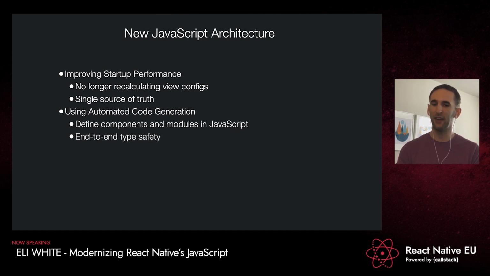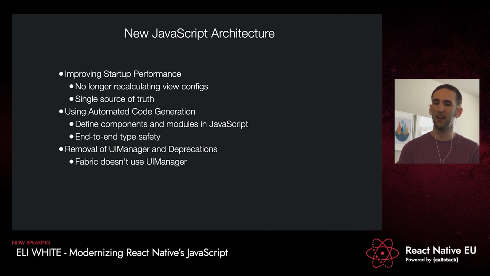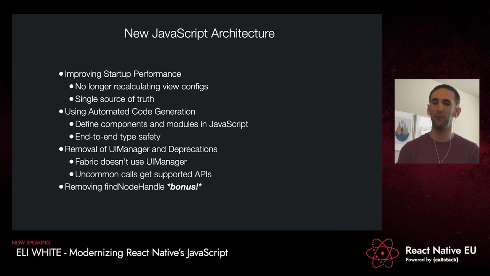We've also talked about how we're removing the UI manager and deprecating access to it because Fabric doesn't use it, and how we're giving some of the uncommon calls with findNodeHandle and UI manager proper supported APIs. We've also talked about how we're removing findNodeHandle to help you have encapsulation and use Fabric compatible APIs.